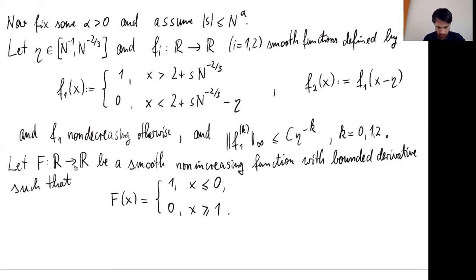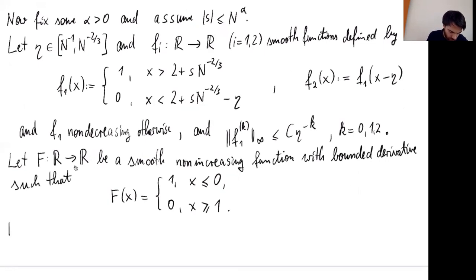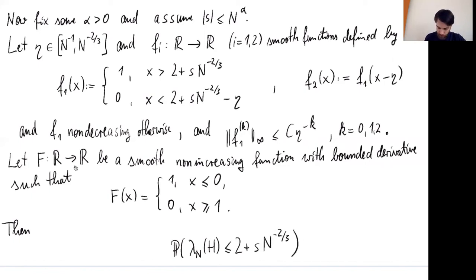Now I have these two f's, and the important formula will be the following. As I said before, I want to have a different expression for this quantity. That's the one we're interested in, right? As a lower bound, I claim that this is bigger than the expectation of capital F applied to the following quantity.